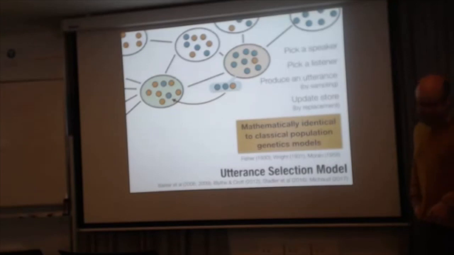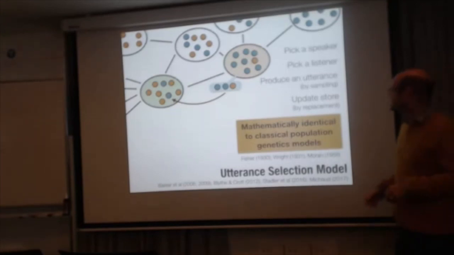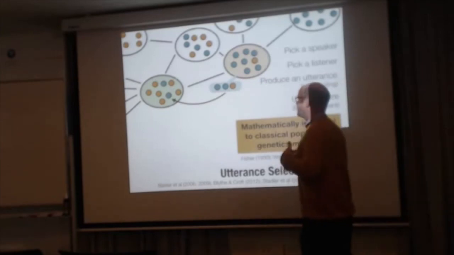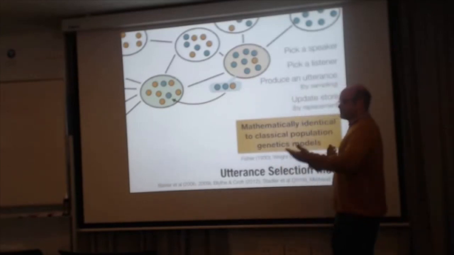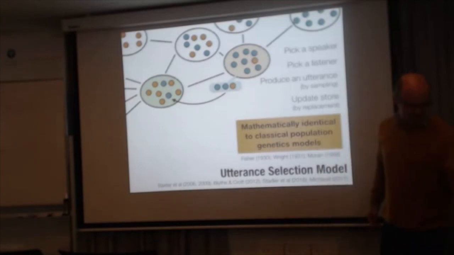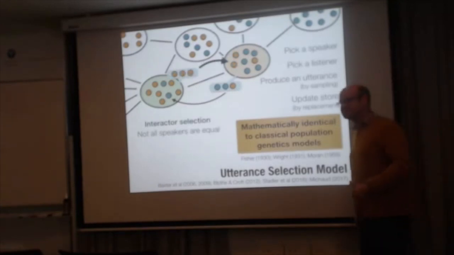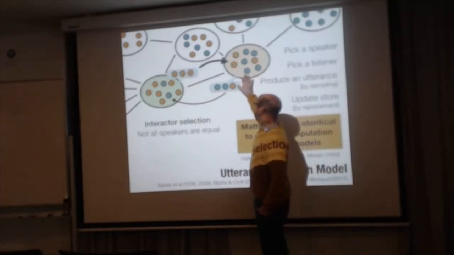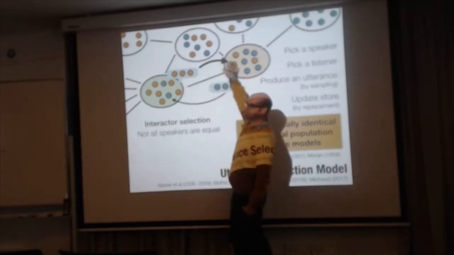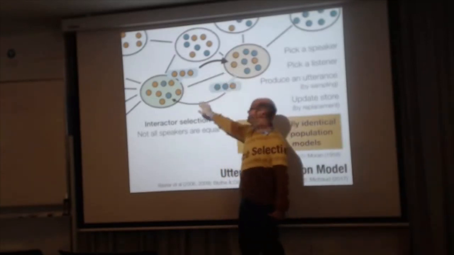So how do we implement this in the model? It turns out to be quite straightforward. One of them was the idea of interactor selection. This is the idea that you might give more or less weight to speakers depending on who they are in the interactions, and we can implement that very easily. It's in some sense a social version of the asymmetry that Martin just talked about. What that means is that this person could influence that one much more than this person.